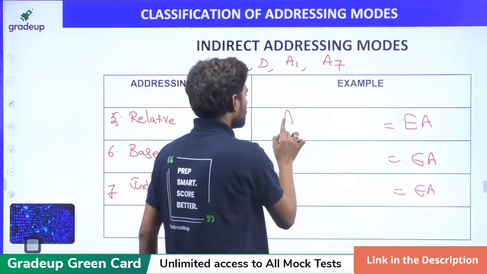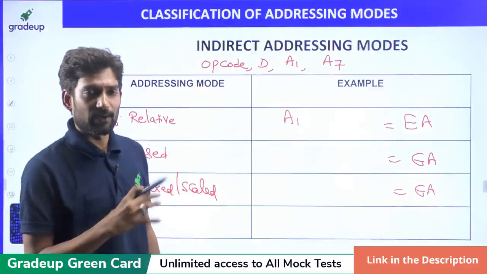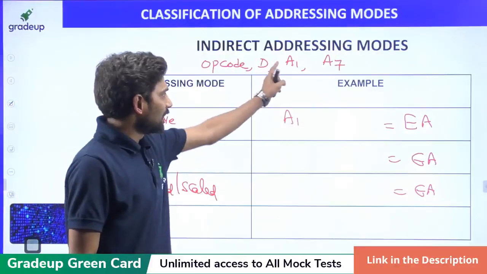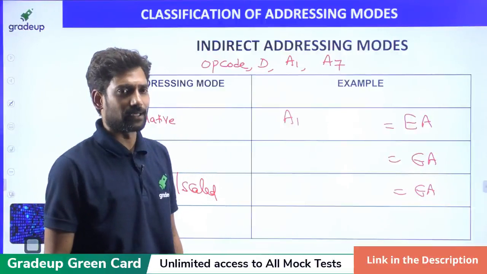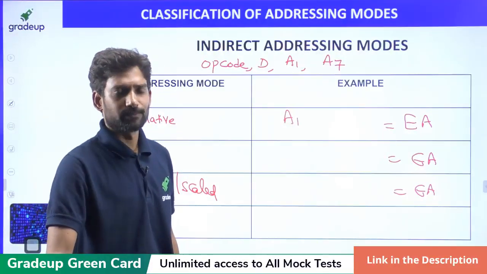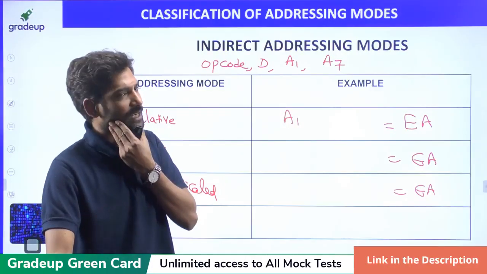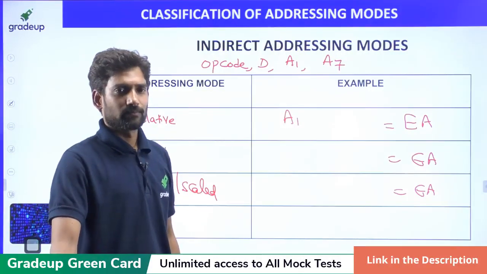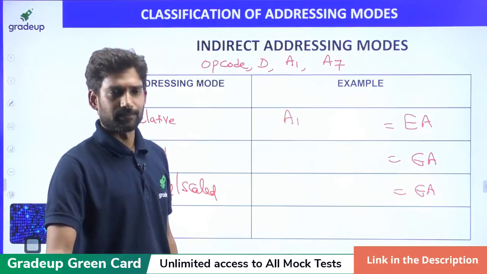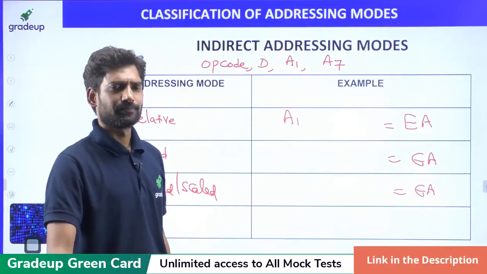Definitely there is no chance for A1 to have the value. If A1 has the value, that becomes direct addressing mode. It is an indirect category, so there is no chance for A1 to have the value. A1 may have something, an address, let's say.